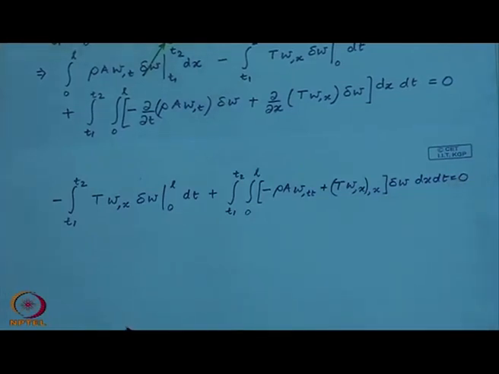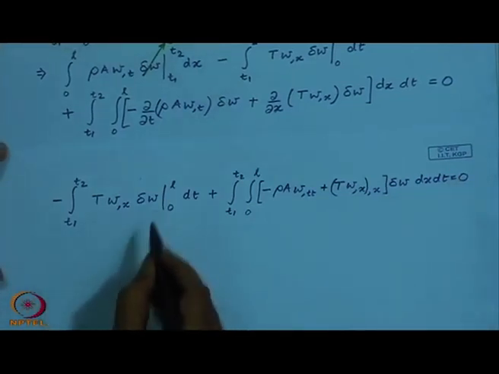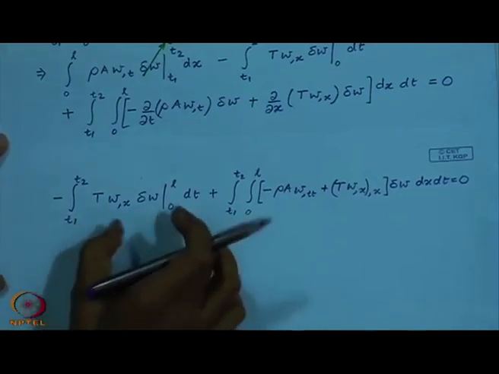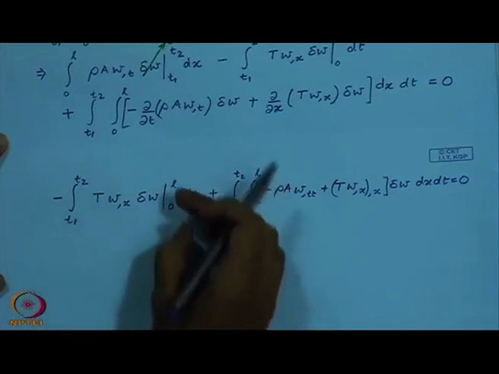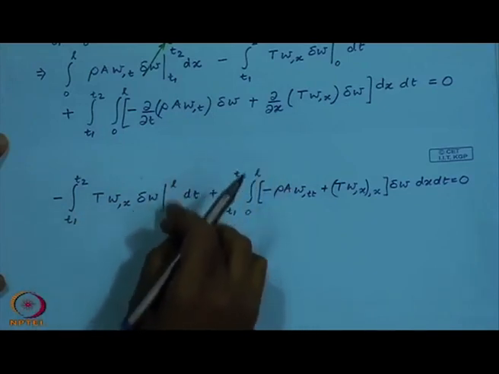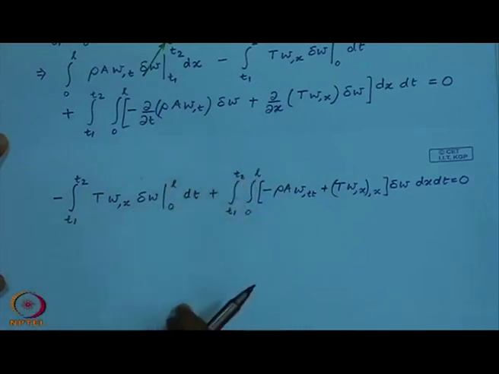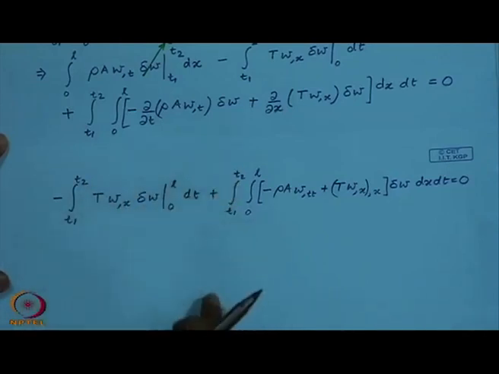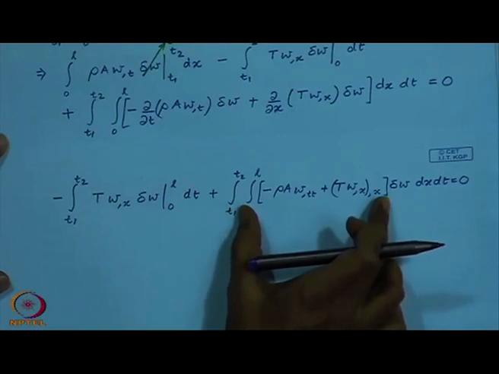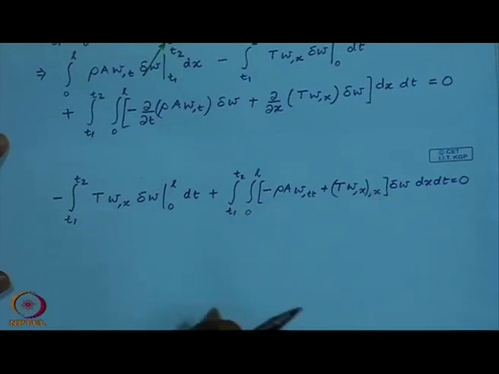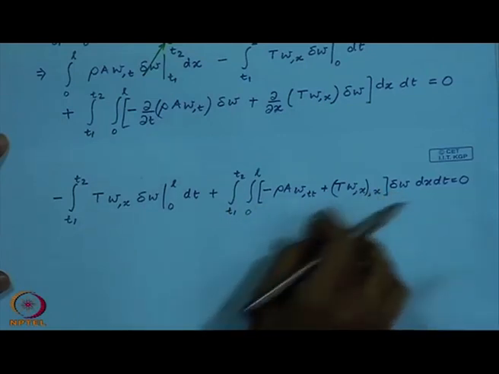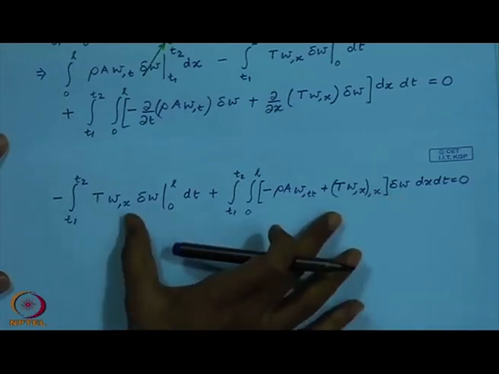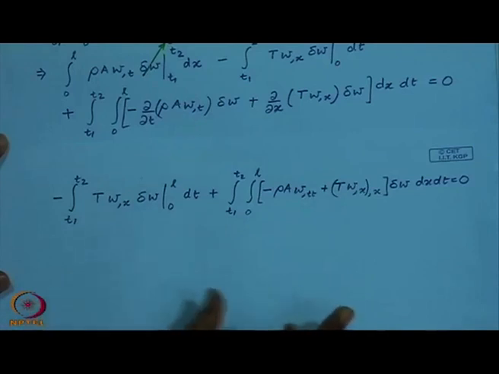this. Now, the first term in this integral, if you see, the variation is at the boundaries. Delta w and all these terms will have to be evaluated at the boundaries, whereas here they are at the intermediate positions of the string, at all intermediate positions of the string. Now, these two can be independently done.